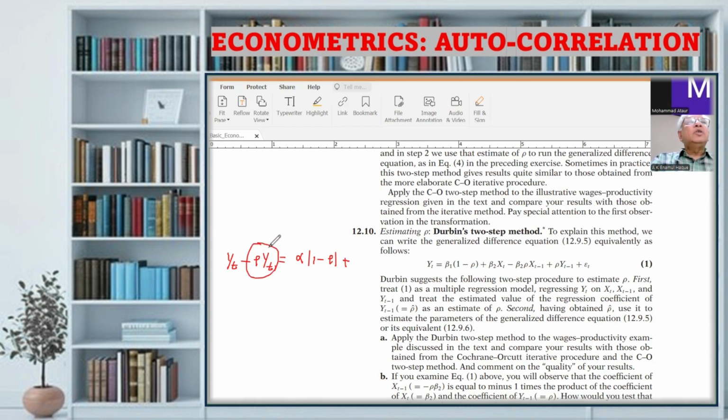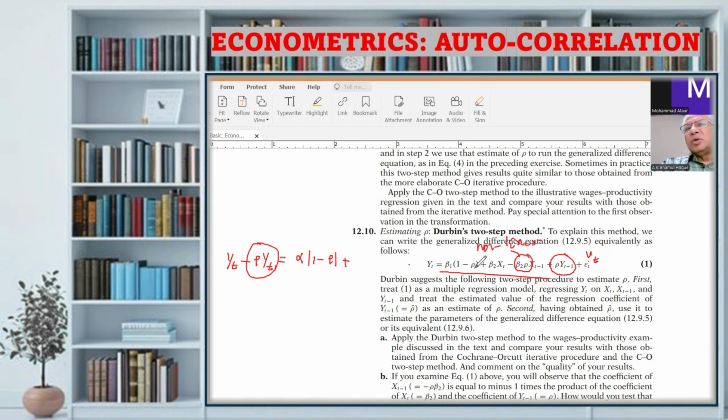So he said, take this one to the right-hand side. That's what he did. And he said, why don't you estimate this model? If you estimate this model, it has no autocorrelation because this is my new error. The only problem is, this is where you see the model is non-linear. So I don't like it, even though it's a solution some people accept. I don't think it's correct. Why? Because this is a non-linear model.